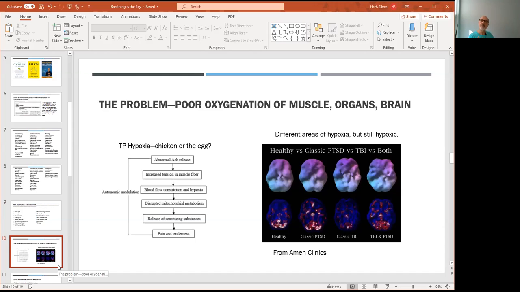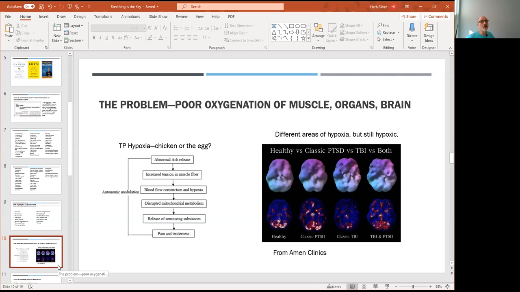It was always baffling to me how you could have a capillary that I know was fully oxygenated from doing pulse oximetry. I knew people had good oxygenation of their blood, but right next to that capillary with oxygen, you have a hypoxic trigger point.